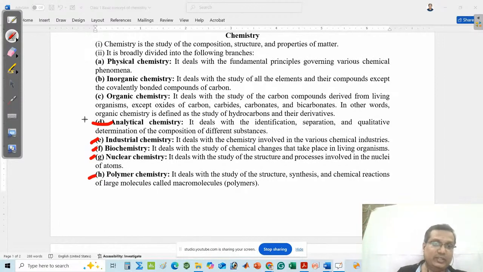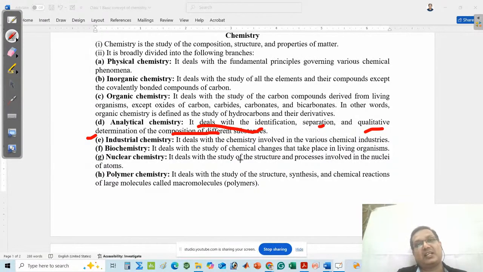Next, we can define analytical chemistry. Analytical chemistry is the branch of science which deals with the identification, separation, and qualitative determination of composition of different substances. Next, I will move to industrial chemistry. Industrial chemistry generally deals with industry. For industry, we generally use different types of raw materials, that are said to be reactants.